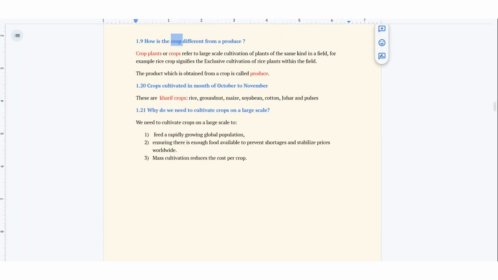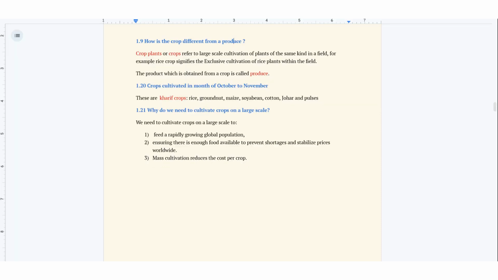Now, there is some keyword called produce. So, the question is, how is crop different from a produce? Crop we already discussed, like same kind of plants in a field, whereas produce is the product obtained from the crop.